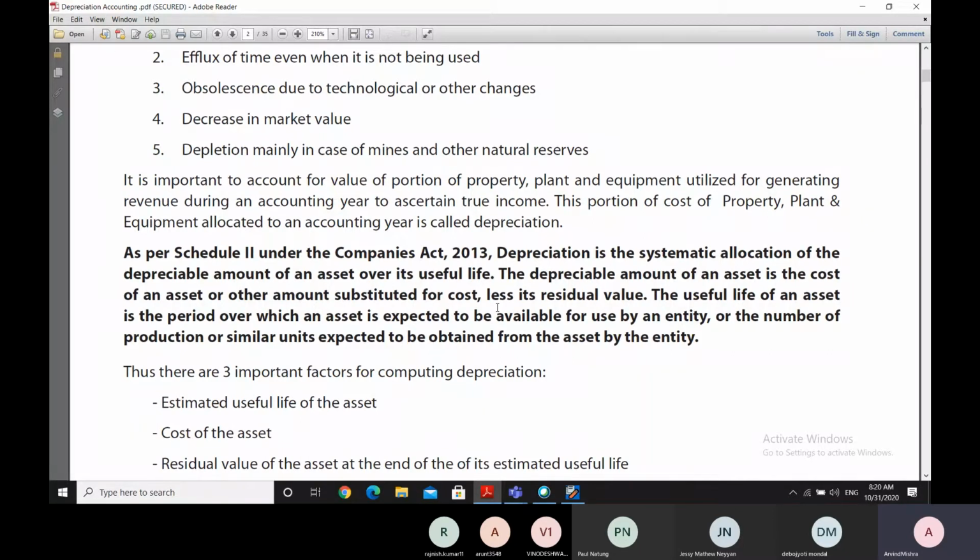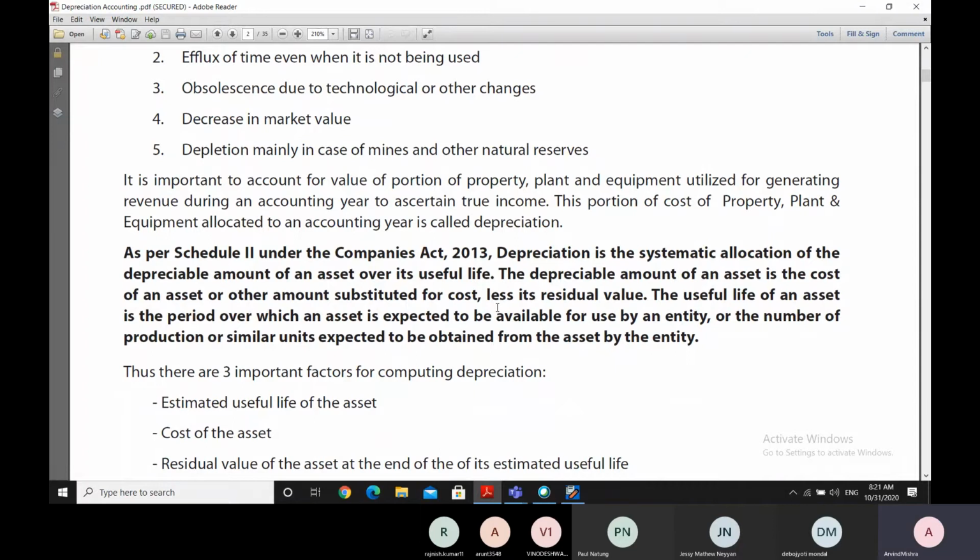Residual value means once it finishes its life, what will be the remaining value of that asset? So we have to reduce from the cost the residual value, and that gives us the depreciable amount of the asset over the useful life. Therefore, we'll have to divide it by the useful life of the asset.